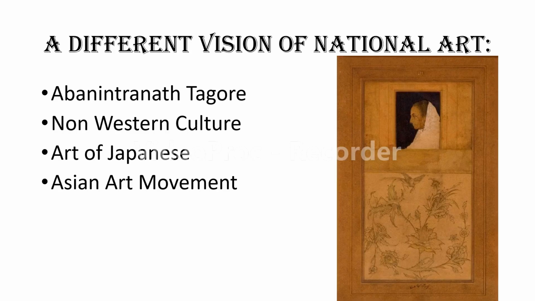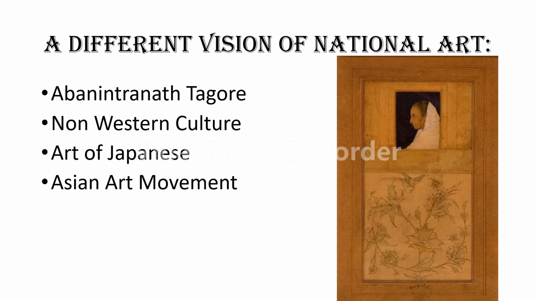A different vision of national art. In Bengal, a new group of nationalist artists gathered around Abanindranath Tagore, who was the nephew of Rabindranath Tagore. They rejected the art of Ravi Varma and adopted a non-Western art tradition.